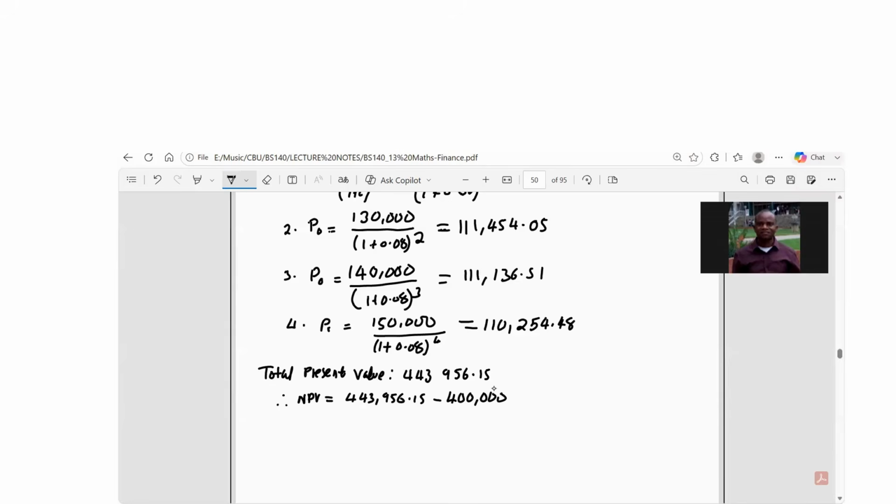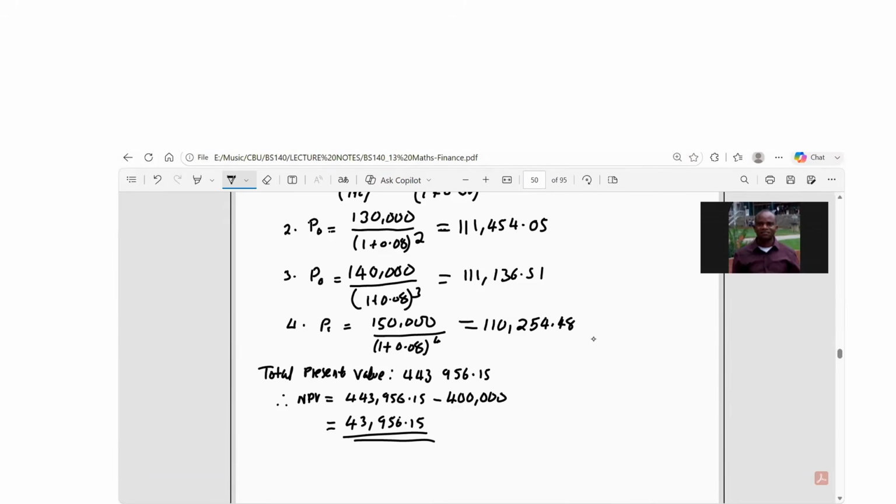So you go back to your calculator and subtract 400,000. Then I get the net present value equal to 43,956.15. Okay, that is the value that we obtain.